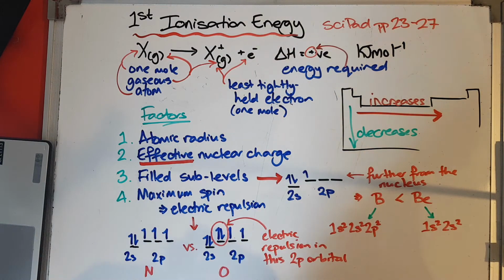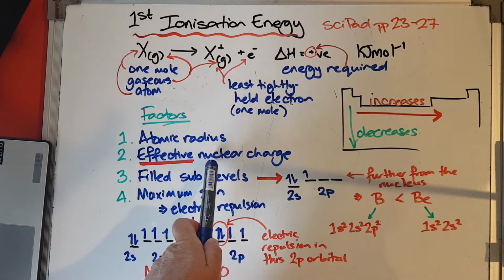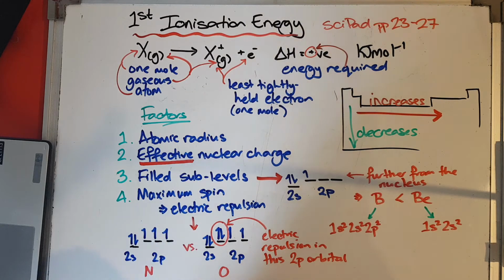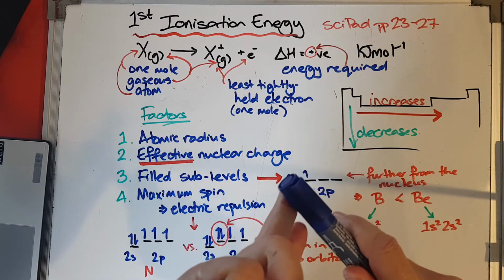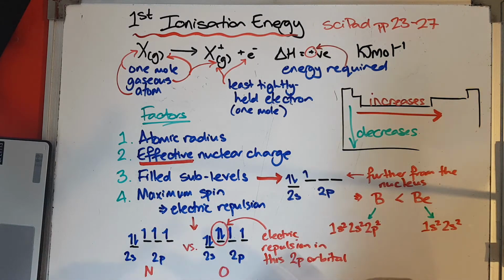So their atomic radius doesn't change much, but their ionisation energy does continue to increase by a very measurable amount. And that's because of an increased effective nuclear charge. So remember, that's taking into consideration 1, the number of protons, and 2, the amount of shielding. So effective nuclear charge is the key thing here, not just nuclear charge.